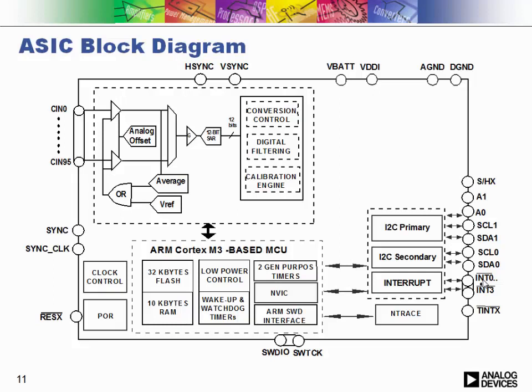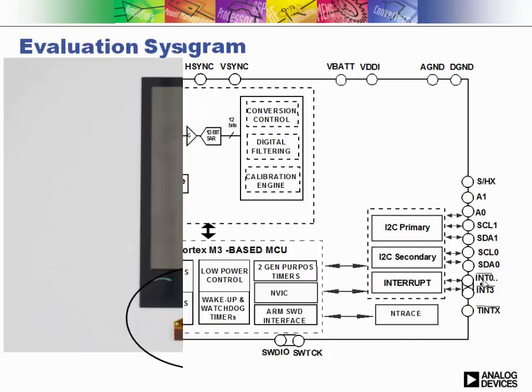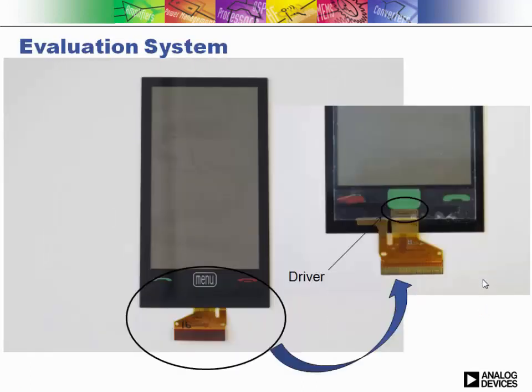One of the important things is that it has an MCU on chip, a microcontroller. Just a picture, because it's always nice to show pictures in presentations. That's the ASIC, and that's where it sits in this evaluation panel that we use in the lab.